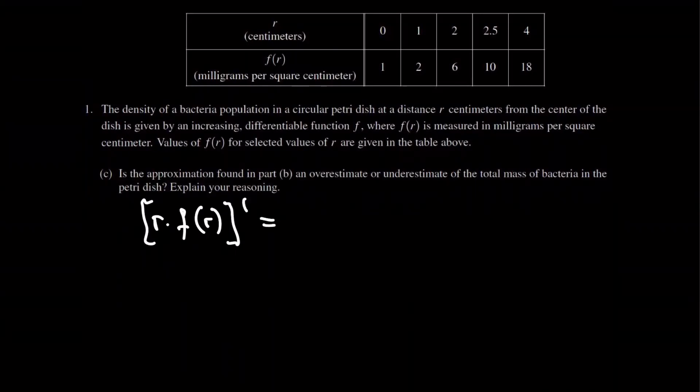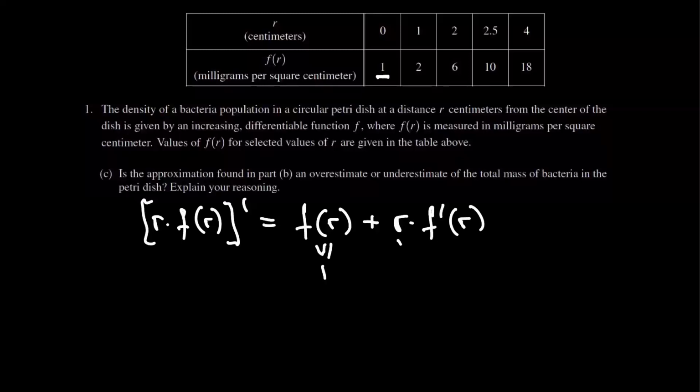Differentiating this using the product rule, this is f of r plus r times f prime of r. And note here that f of r, the minimum value here is 1. Then it says that the function is increasing. So this is greater than or equal to 1. r is greater than or equal to 0, this is positive r.